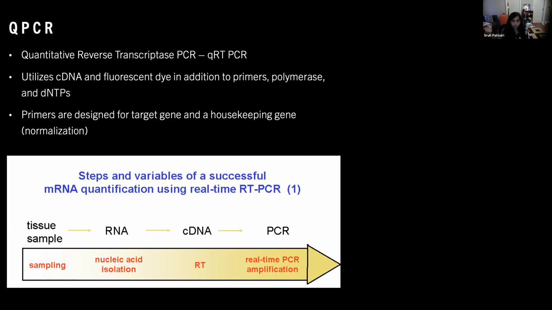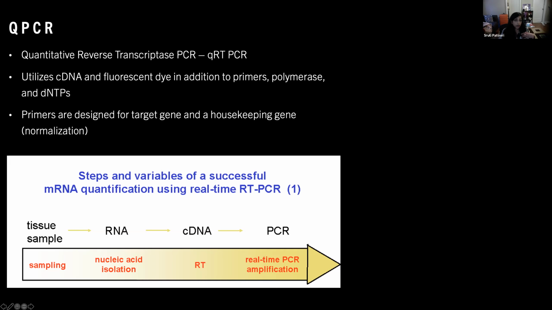And so it is my understanding that you guys have talked about PCR before, is that correct? Yeah, so this is very similar to just a plain old regular PCR, but instead of any other kind of DNA, you are specifically using DNA which you've obtained with a reverse transcriptase from your RNA of interest. So you'll have your sample, you extract the RNA, you make cDNA from your RNA using a reverse transcriptase.